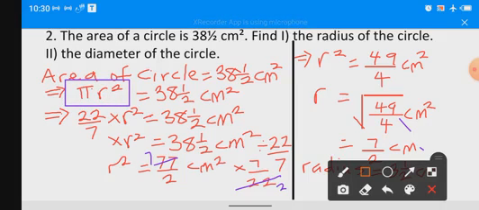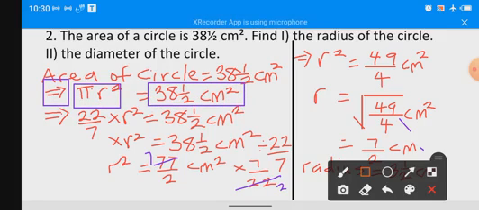Area of a circle is 38.5, it implies that pi r squared is equal to 38.5 centimeters squared.